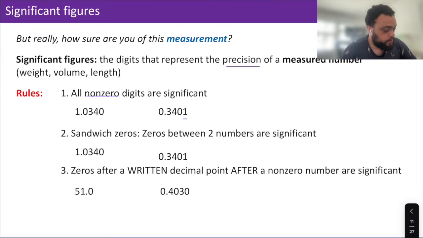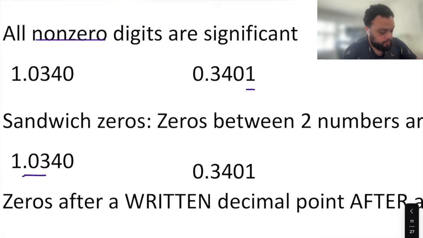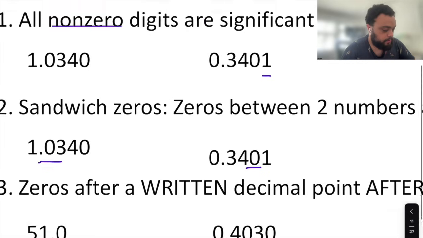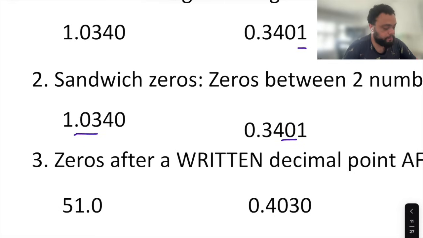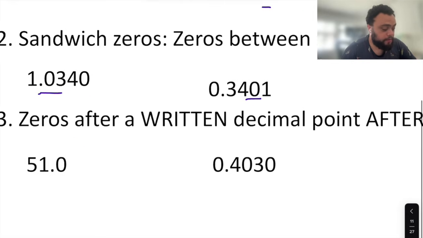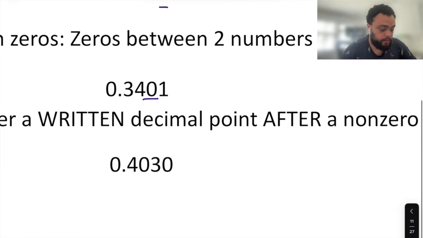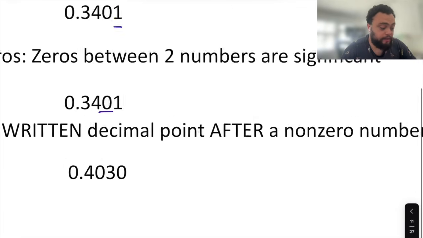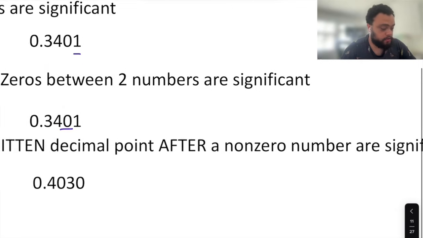Sandwich zeros are going to be zeros that are between two non-zero digits. So right here and right here, these are our two sandwich zeros. Those are both significant. Zeros that are after a written decimal point that are after a non-zero number are also significant.